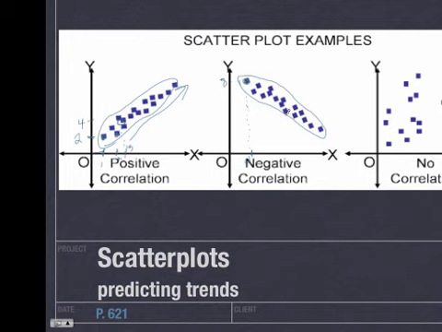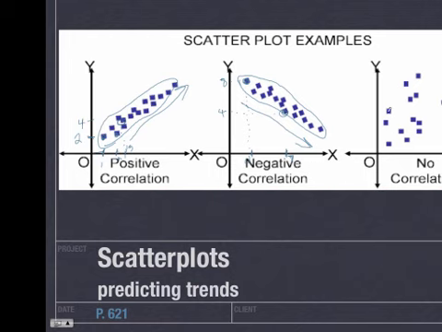But notice that as my y decreases, I'm going to come over, maybe this is a 4, my x increases. Instead of the x being a 2, now my x is maybe, I don't know, a 7. Okay? So as my y decreases, my x increases. So you see a trend line that goes in this direction. That indicates a negative correlation.